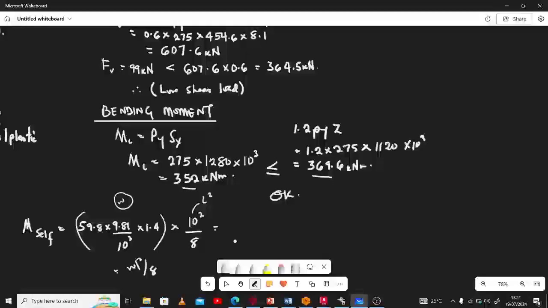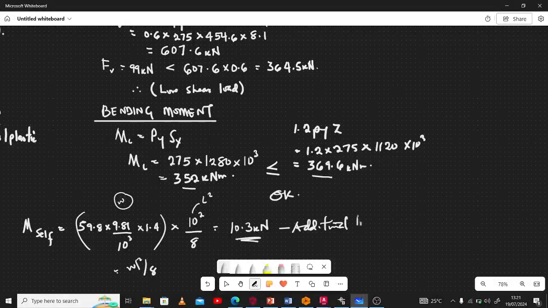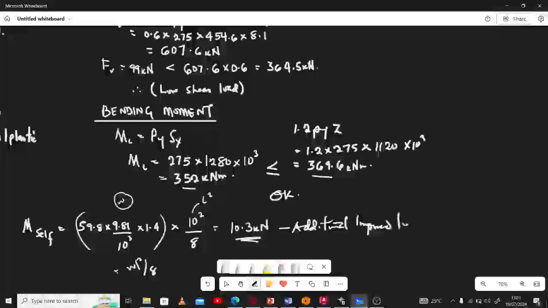Okay, so this value gives us 10.3 kilonewton meters, and this becomes the additional imposed load. So we add this to our moment obtained earlier.